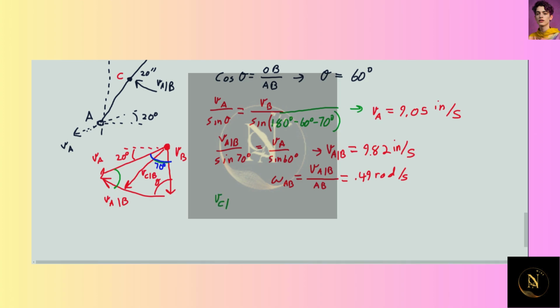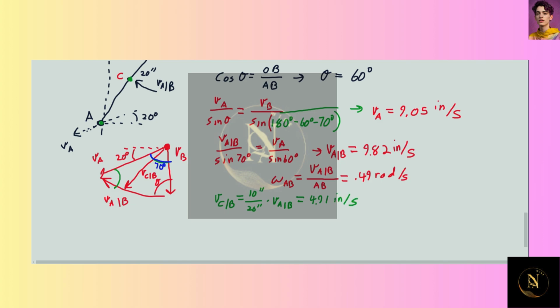So V of C with respect to B would equal the 10 inches divided by 20 inches. This is just a ratio to get the speed of the halfway point when compared to the end point with respect to B. So this gives us 4.91 inches per second.